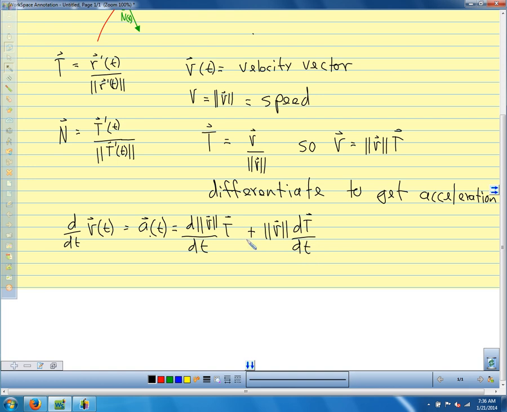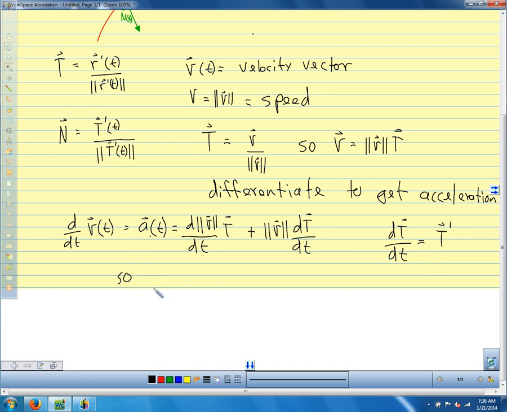And then we're going to rearrange this and work with this a little bit. So looking at this quantity, what's another way we can write dT/dt, the rate of change of our unit tangent vector with respect to time, that we've used previously? How about T prime? dT/dt equals T prime. So I'm going to substitute this in.